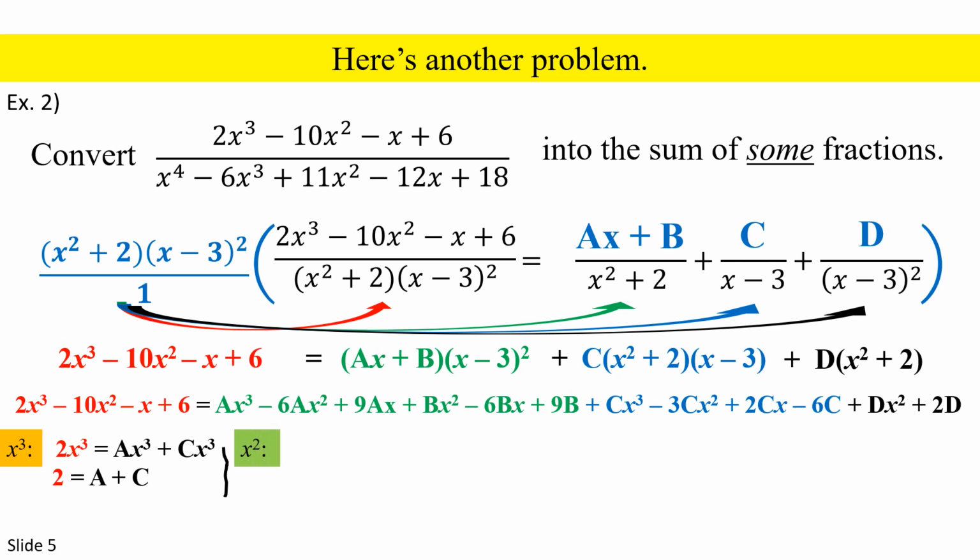For the x squared terms, we get negative 10x squared equals the negative 6ax squared, plus bx squared, minus 3cx squared, plus dx squared. Or negative 10 is negative 6a plus b minus 3c plus d.